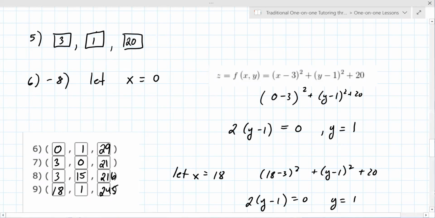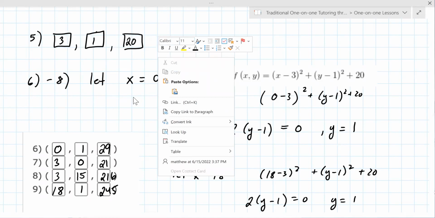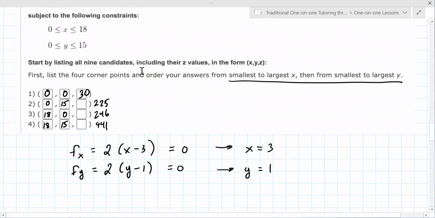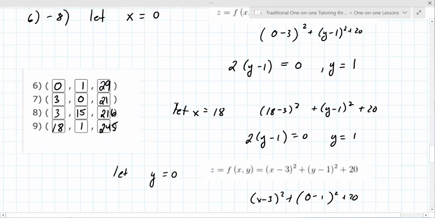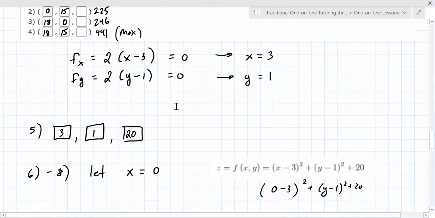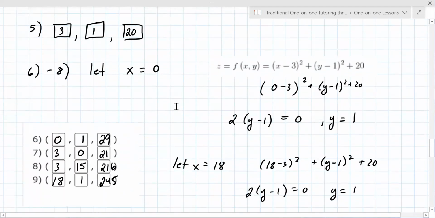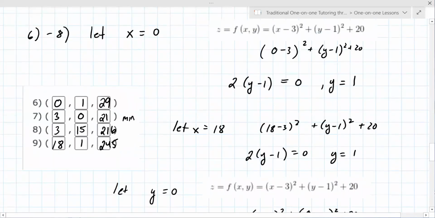All right. So it looks like that last one. Nope. The biggest one is up there at 346. It looks like the max. Or 441. Whoops. Yep. And then the min 30, 29, 20. This looks like it's the min.